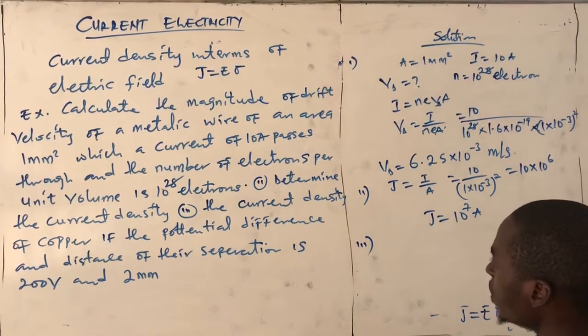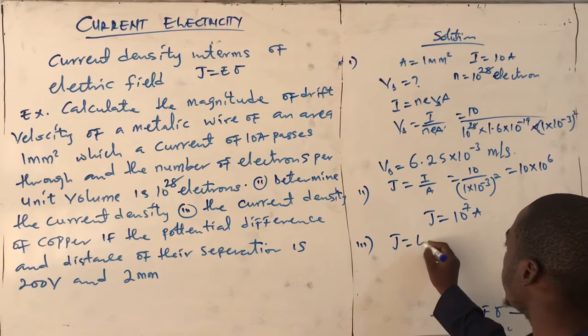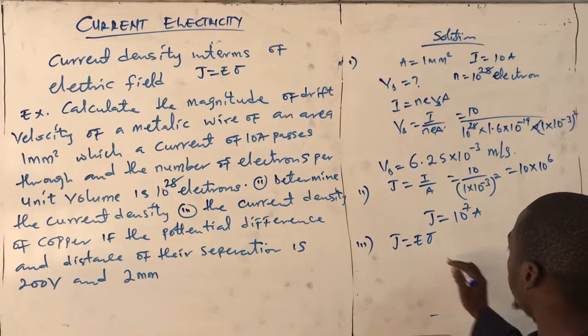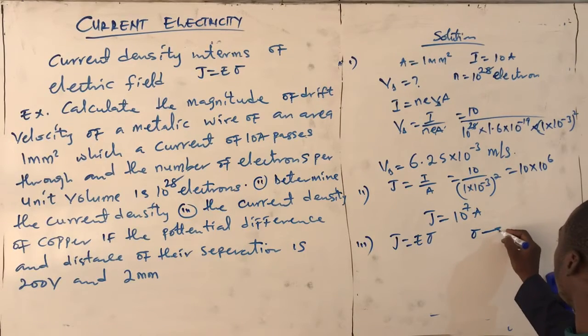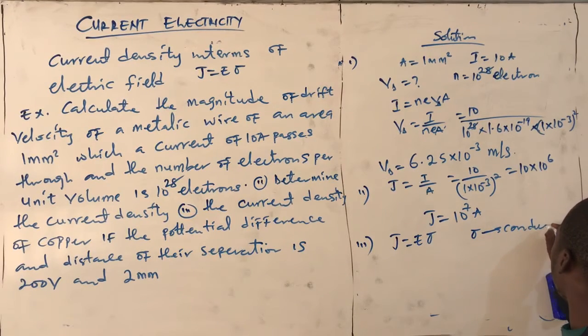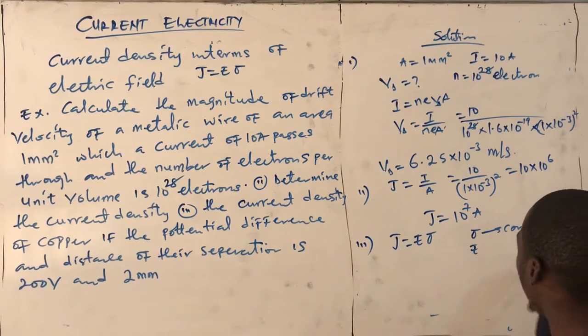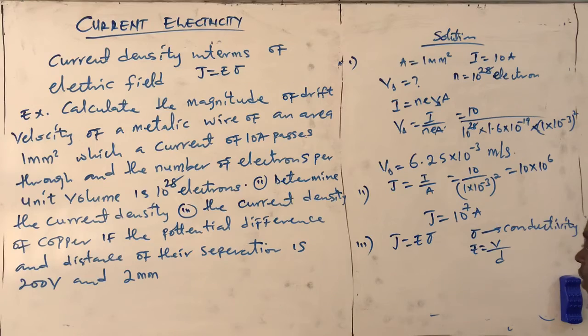The current density is equal to the conductivity times E. If you recall, electric field is the same thing as electric potential over d.